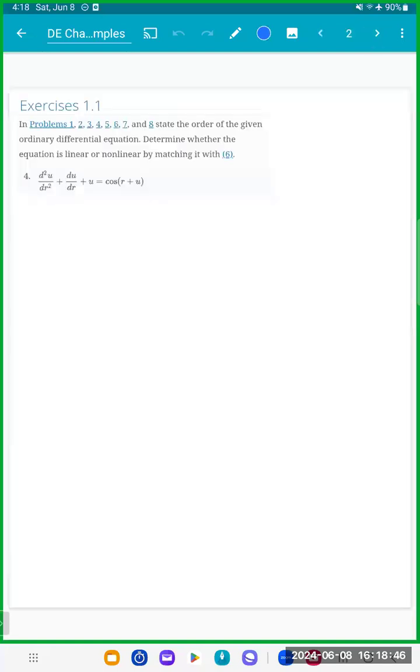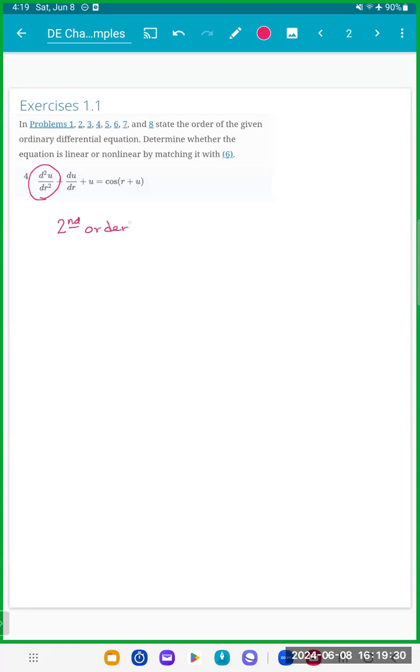Okay, so for the first problem that we're going to look at, that is here in section 1.1 in your textbook. And this problem is asking us to state the order of the given ordinary differential equation and then determine whether it's linear or nonlinear. And so in this case, what we can see here is that when we have this second derivative here, that tells us that this is second order.